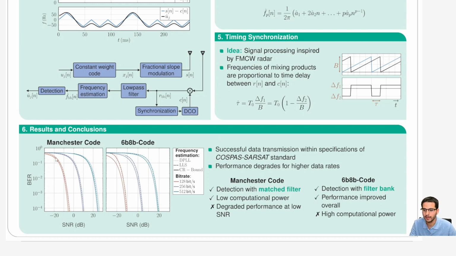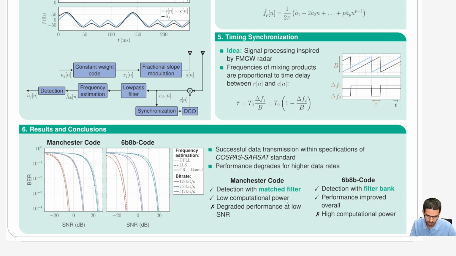And as we can see, we get very near to the theoretical performance we would achieve at the Cramér-Rao bound for the instantaneous frequency estimation. It's worth saying, the low complexity Manchester code has the big advantage of having an easy on-the-fly detection, which we can do with a simple matched filter.